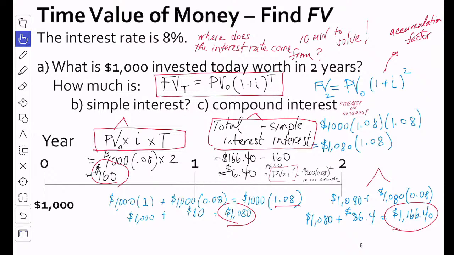And you have three formulas. You have the basic time value of money formula, you have the formula for figuring out simple interest, and you have the one over here for compound interest that I made very small, just to fit it in. Okay, any questions?